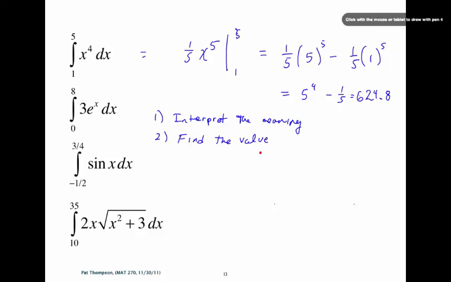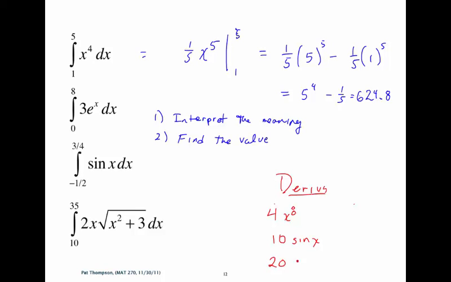All right, let's do some derivatives here. Derivatives. That's okay. This will help remember it. So all these have a constant multiplied by them. So what's this derivative? And where does the 32 come from? 4 times 8 to the 7.